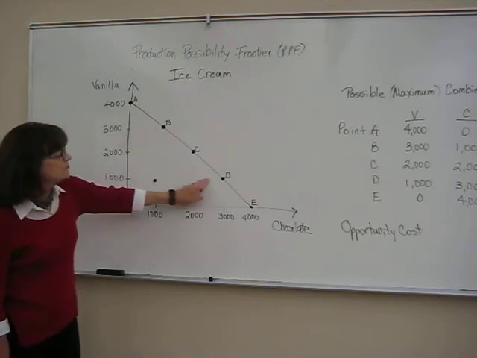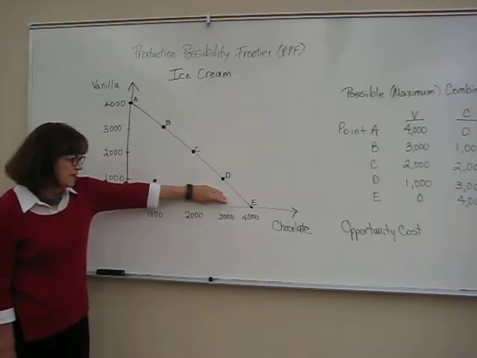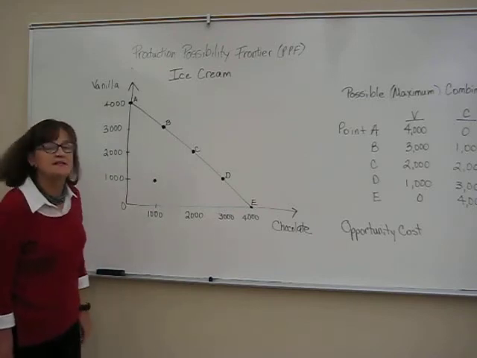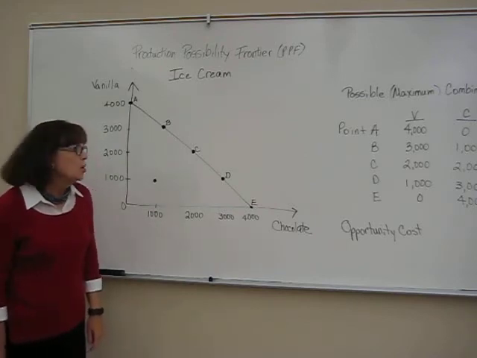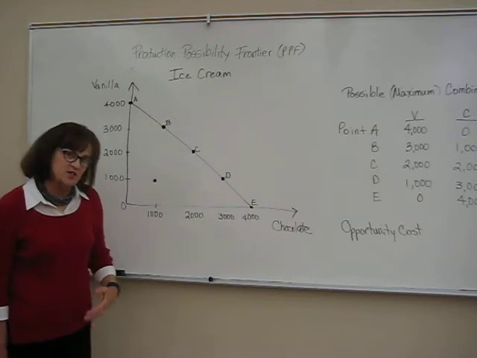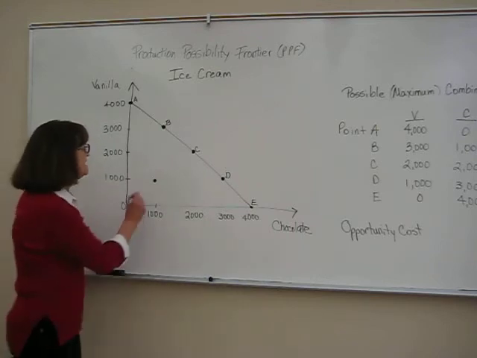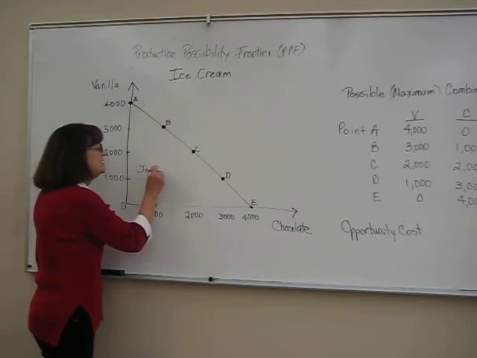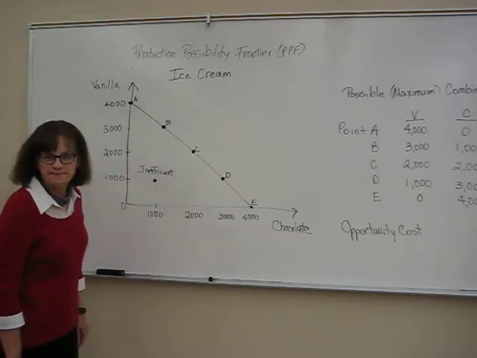This represents the maximum production. Anything inside the curve represents less than the maximum. We say that producing less than your maximum possible is inefficient. So all points inside the PPF are inefficient.